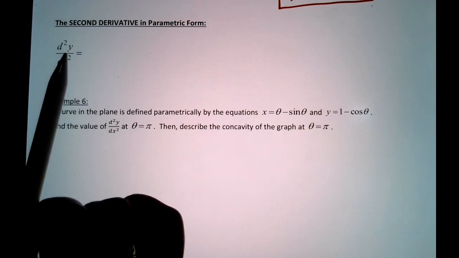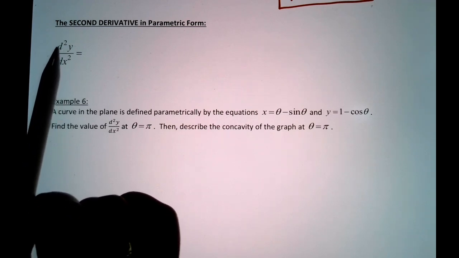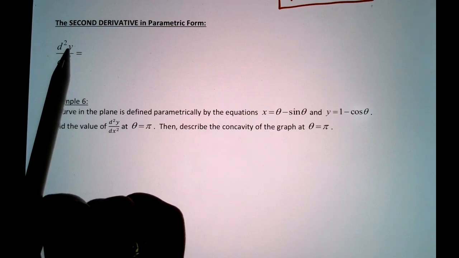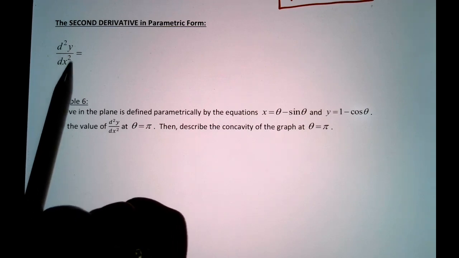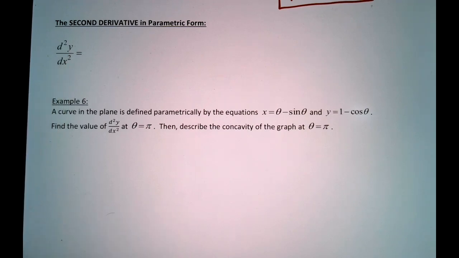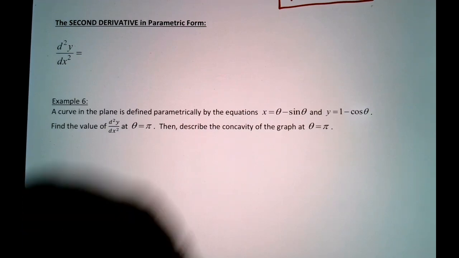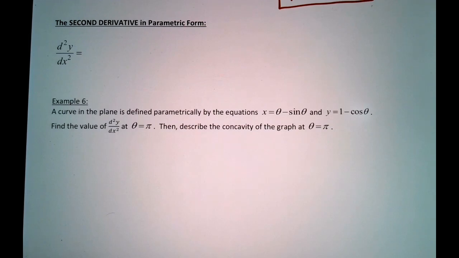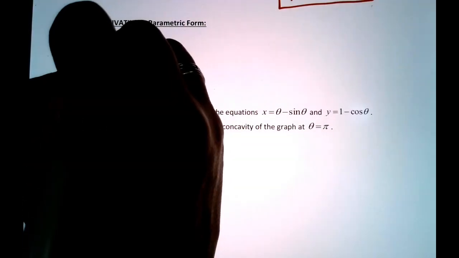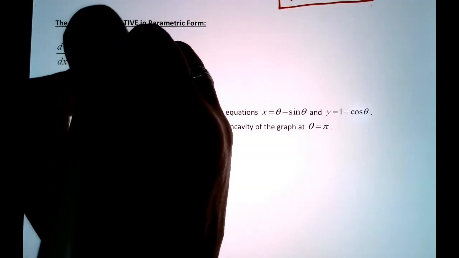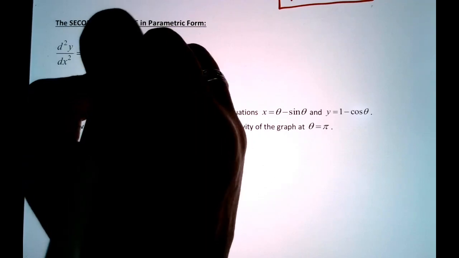And the way I interpret it is you're taking the derivative twice of the y variable with respect to x twice. So that's kind of the meaning behind that notation. Now, from Calc 1, you definitely saw this notation, and it was basically like, hey, take the derivative with respect to x of dy dx.